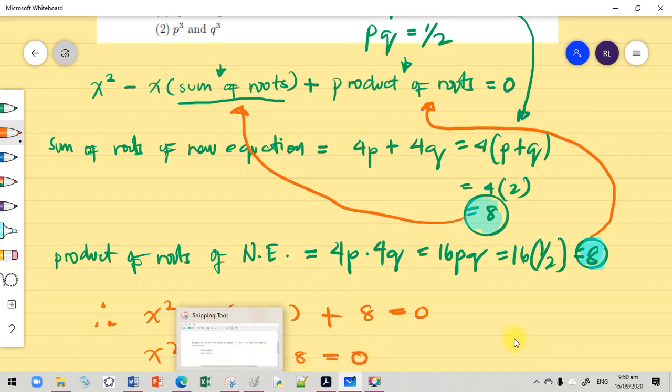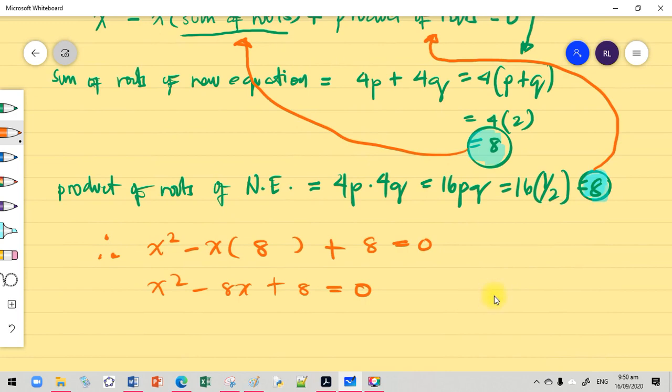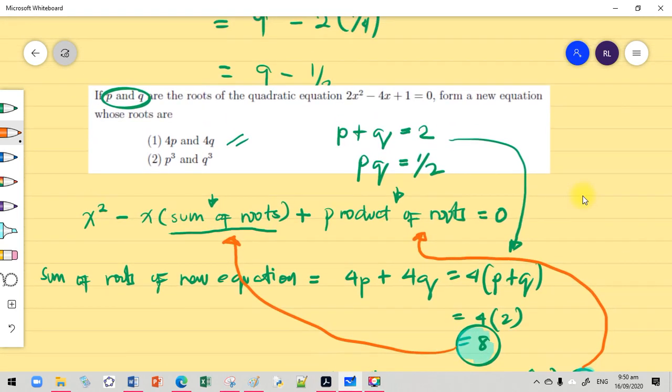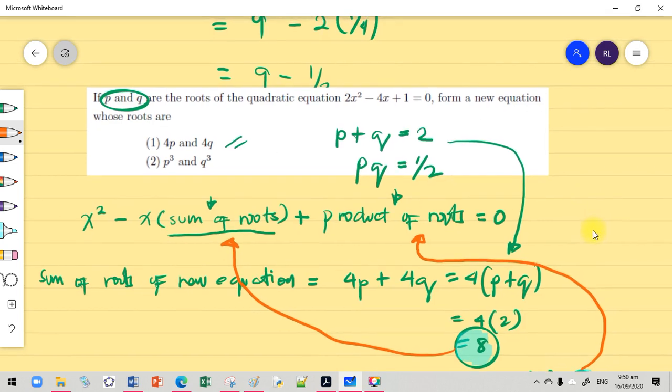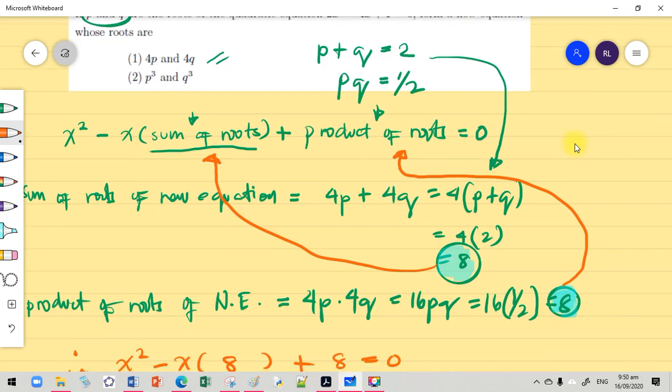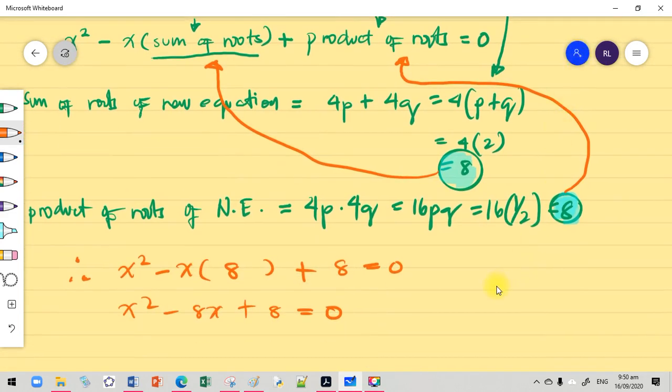Then you've got your new equation. So your original equation is 2x squared minus 4x plus 1. If we form a new equation such that the roots of that new equation are 4 times the roots of that given equation, we get x squared minus 8x plus 8 equals 0.